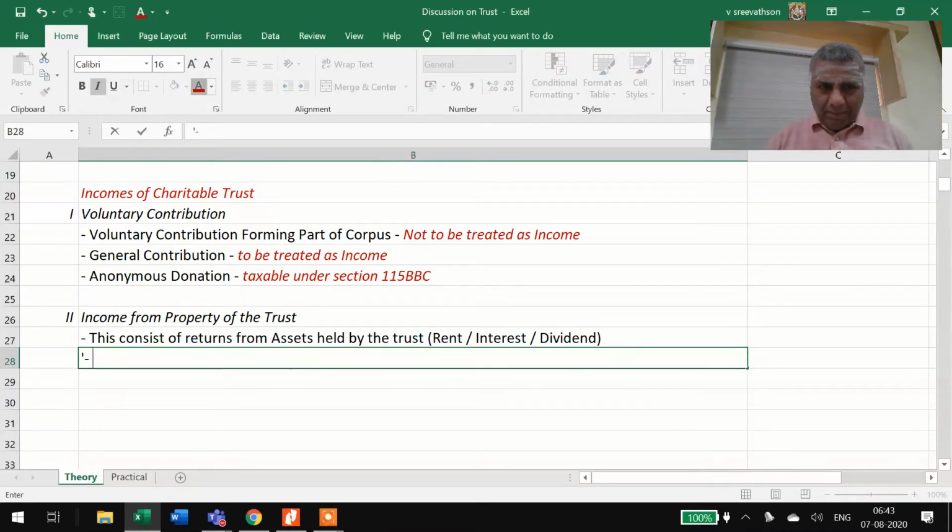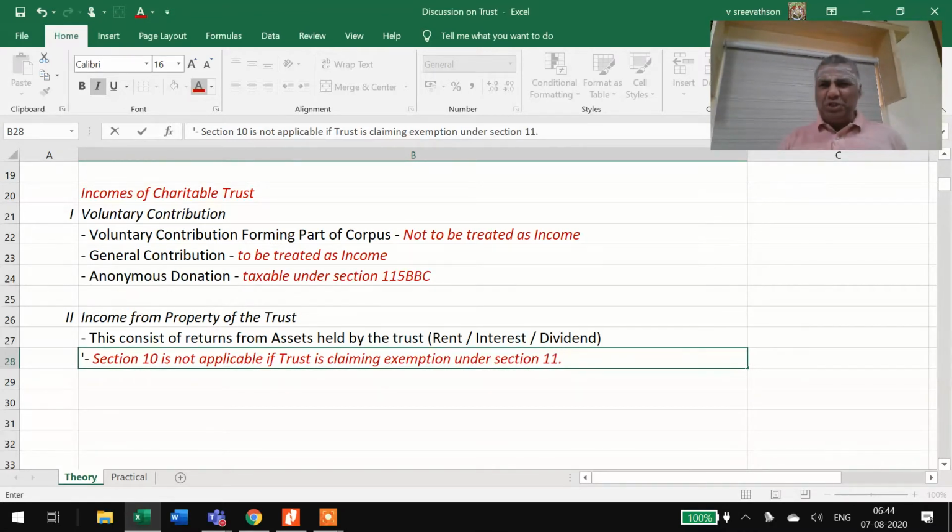One more important thing to understand. Section 10 is not applicable if the trust is claiming exemption under section 11. Superb statement. If you are claiming exemption under section 11, for you section 10 is not applicable.